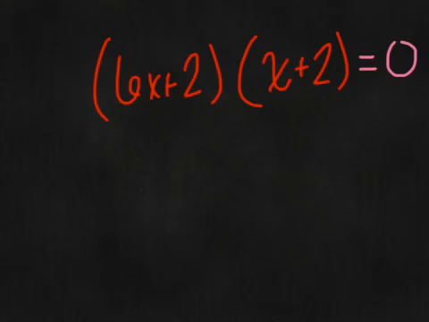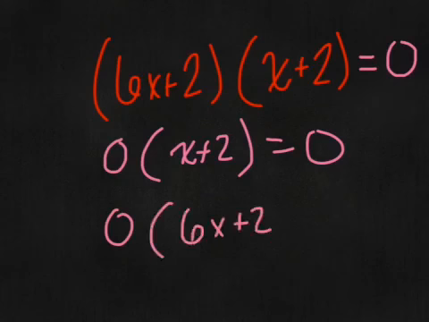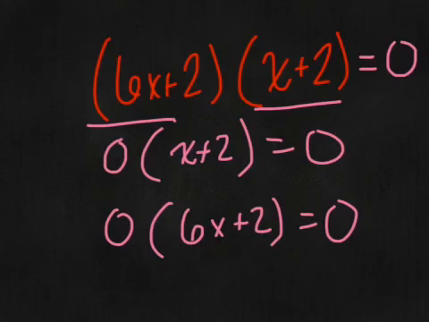That's what the solutions are. Now, the thing about multiplication is if you multiply anything by 0, you're going to end up with 0. So if I were to do 0 times x plus 2, that would equal 0. Or if I did 0 times 6x plus 2, that would also equal 0. Meaning that if either of these is 0, or both of them are 0, the whole thing will be 0.